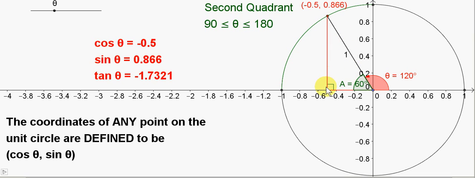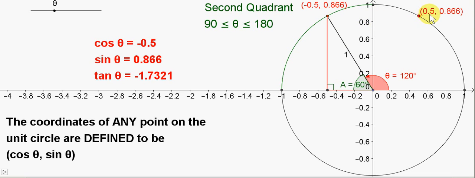Let's look at this right angle triangle here. The acute angle in this right angle triangle is 180 minus 120, which is 60 degrees. This means that we can actually relate the cos and sine of 120 degrees to the cos and sine of 60 degrees. What we can do is reflect this point through the y-axis.